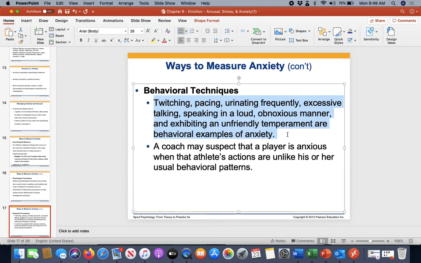I'm not anxious, by the way, because this is typically me. If it's out of character for a person who's normally calm, if they start going a little bit off the chain, you get the idea. And then unfriendly temperament, again, if it's changed: if you have a person who's standoffish, are they more standoffish?